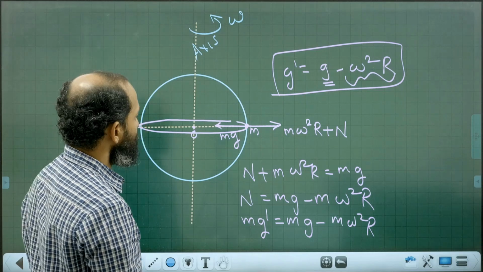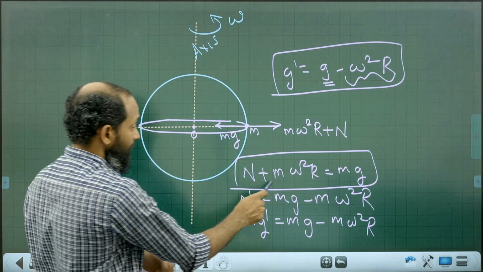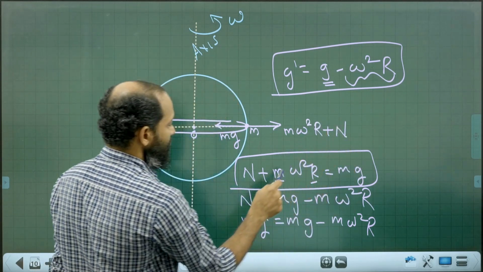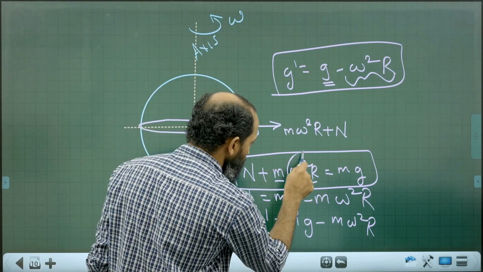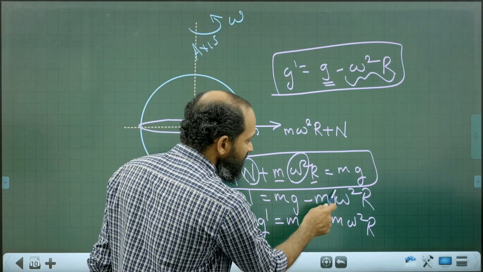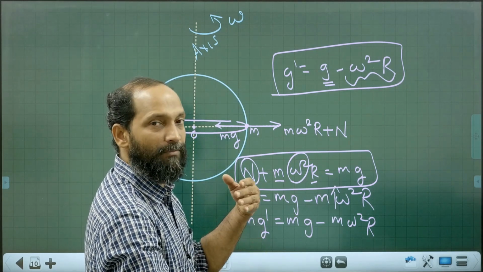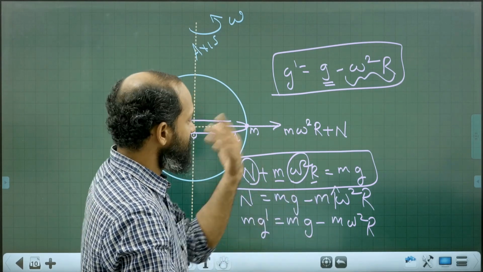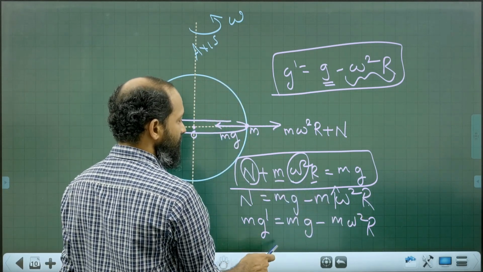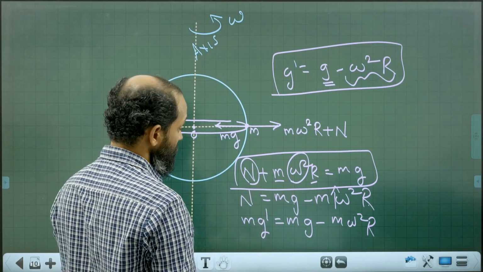And also, you can see this equation. Here m is constant, R is constant, g is constant. Here when omega varies, N can vary. If the average angular speed of Earth increases, normally that doesn't happen, the radius of Earth R does not change, the mass m of that particle does not change, and the value of g at surface is a constant.